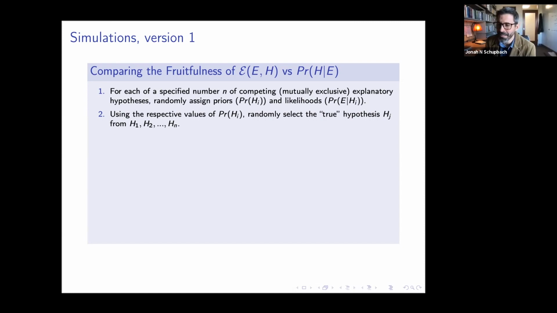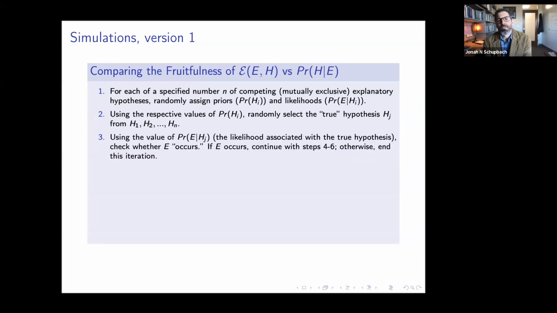By stochastically randomly, what I mean is, for example, if the computer randomly assigned a 0.4 probability to H1, let's say, and a 0.1 probability to H2, then H1 truly has 4 times the chance of being randomly selected as the true hypothesis than H2 in step 2. Does that make sense? It's stochastic. It's random, but it's depending on the particular prior distribution that was assigned in step 1.